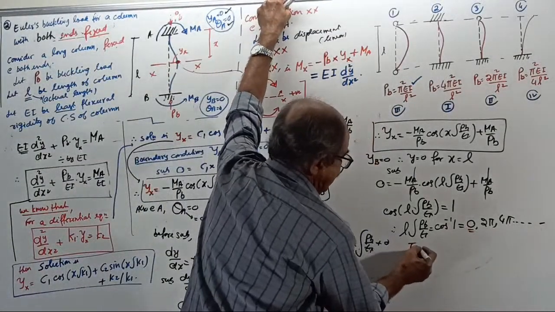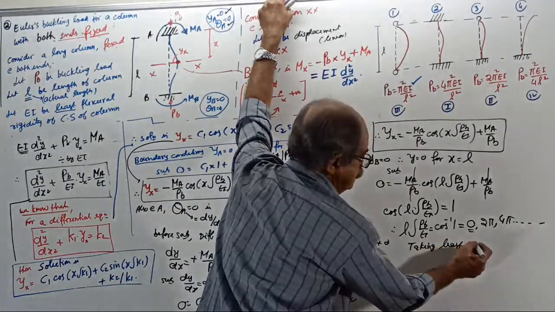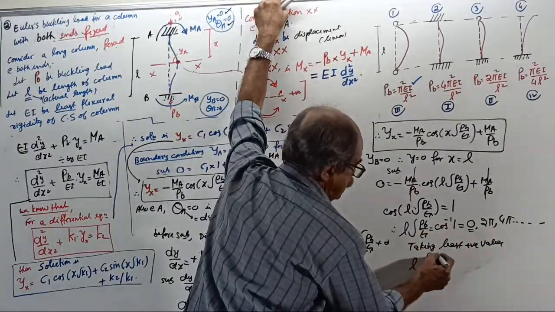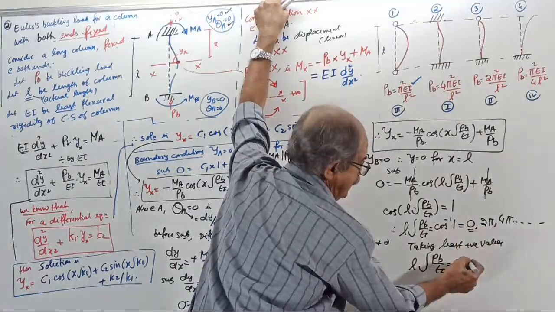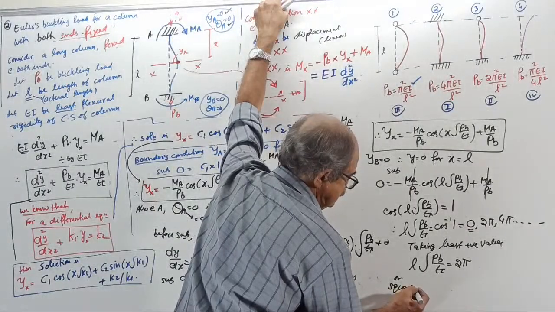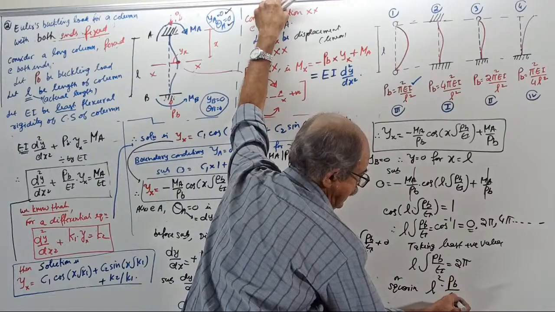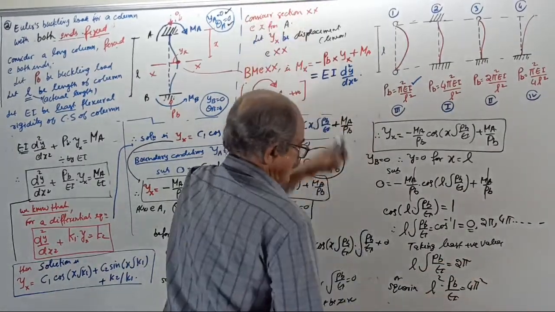Right. Taking least positive value, L root PB by EI equal to 2 pi, or squaring both sides, L square into PB by EI equal to 2 pi becomes 4 pi square.